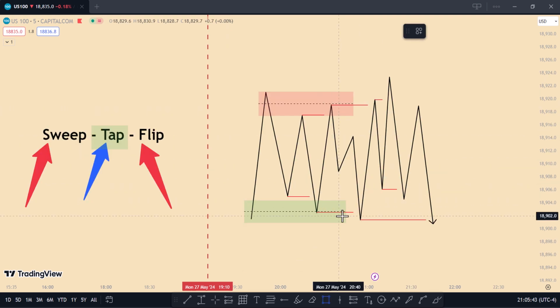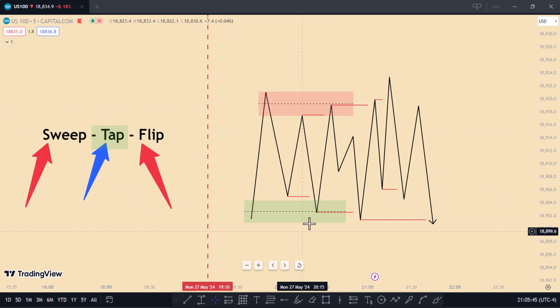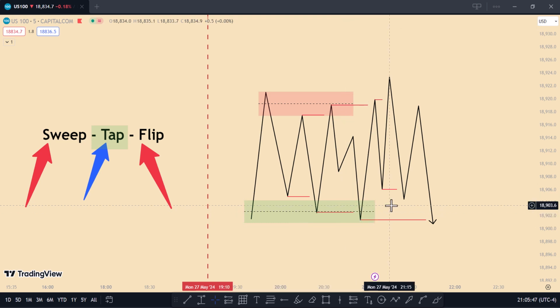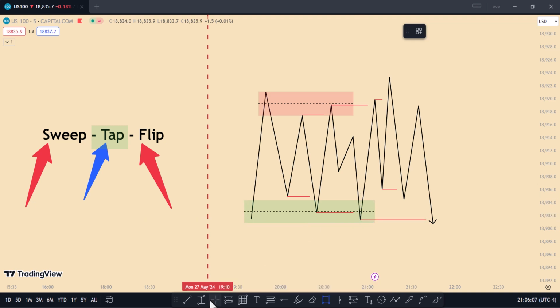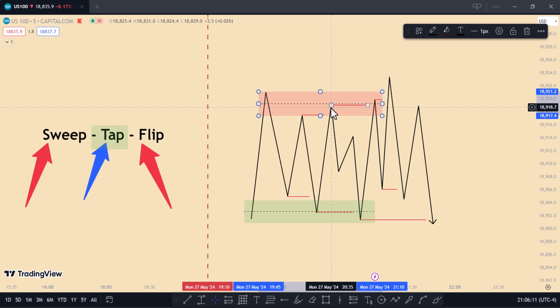Price now sweeps this low right here, and then price mitigates a deeper portion of this candle. For example, this tapped into the 50%. This one tapped into the 70%, right? And then one more time, price sweeps this high right here and tops into maybe the 50% or the 70% of this previous zone.